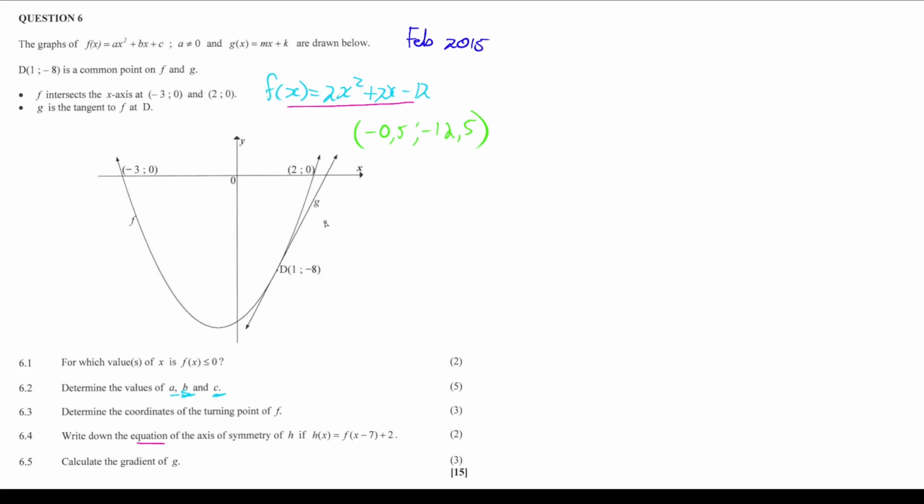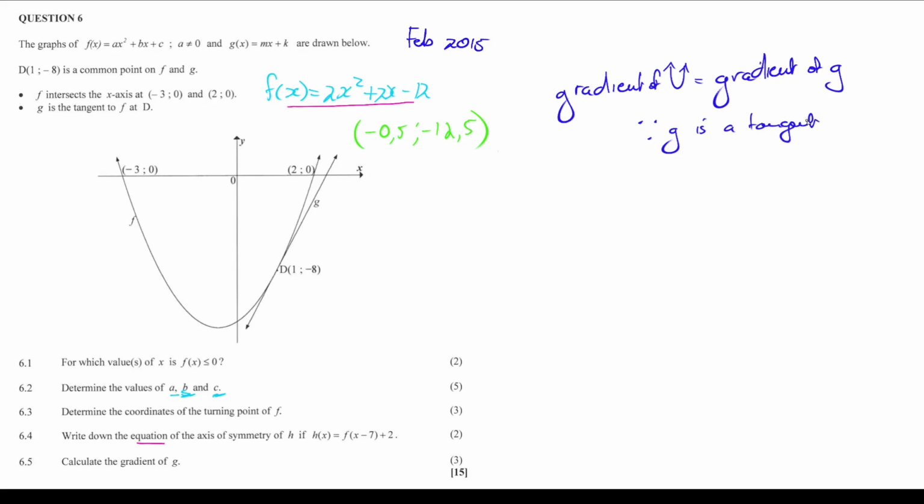That means the gradient of the parabola equals the gradient of g. Why? Because g is a tangent.